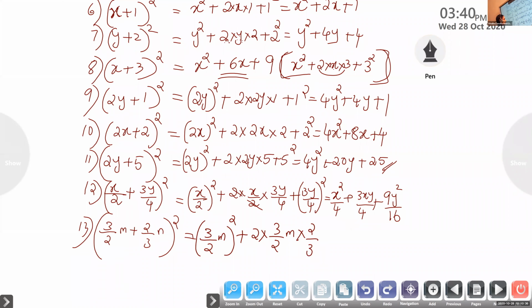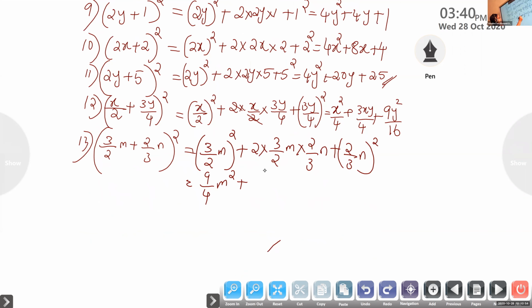So this is 9 by 4 m square plus 2 cancel, 3 also we can cancel, remaining 2mn only. Plus 4 by 9 n square, because n also is there.